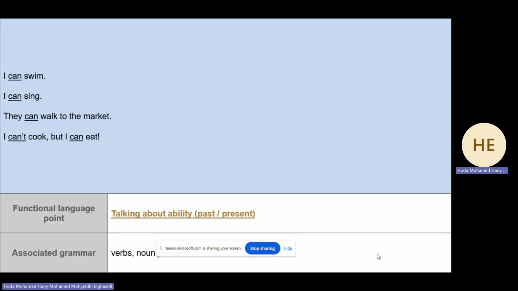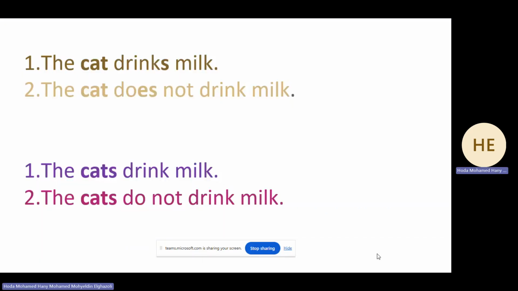For example, the cat drinks milk. Cat, singular. So we add an S to the verb, drinks. The cat does not drink the milk. Here in the negative form, we don't add an S to the verb because we use the word does.